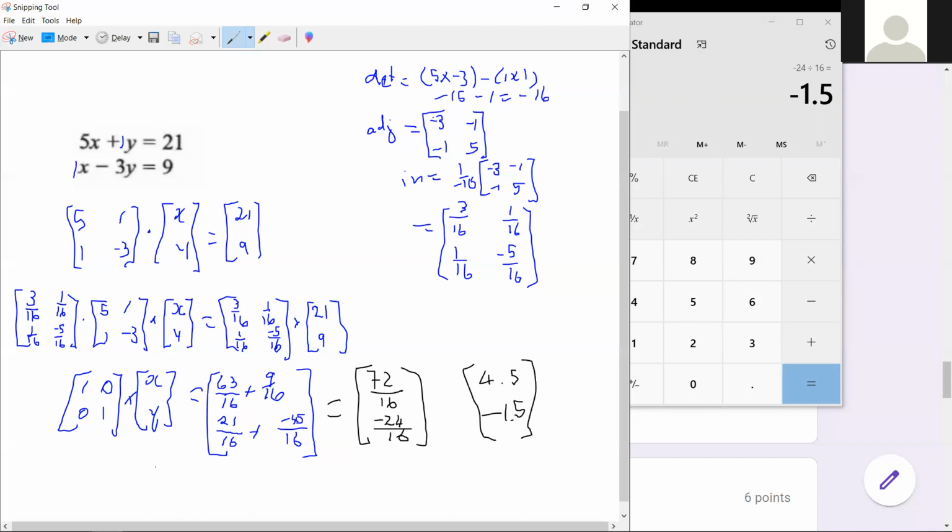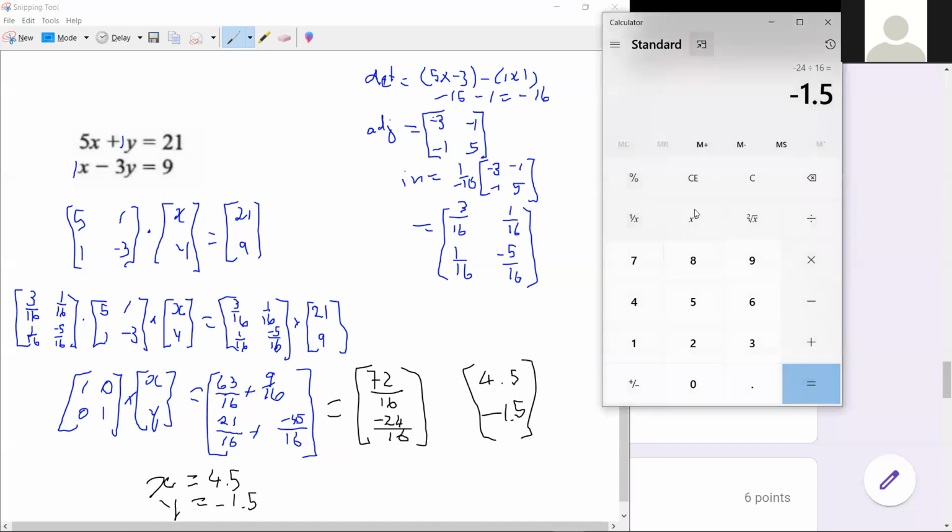So at the end of the day, you will say x equals 4.5. And you will say y equals minus 1.5. And we can check if our answers are correct by saying 5 times 4.5 equals 22.5, right?